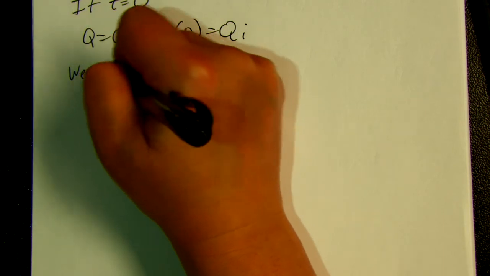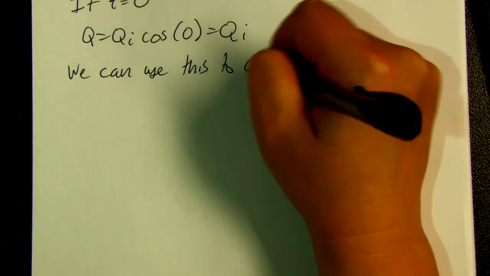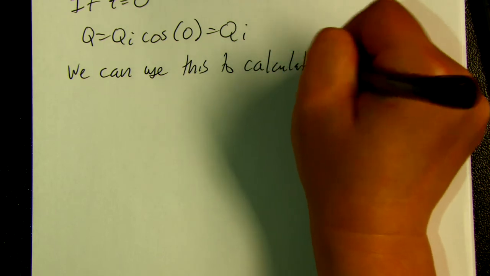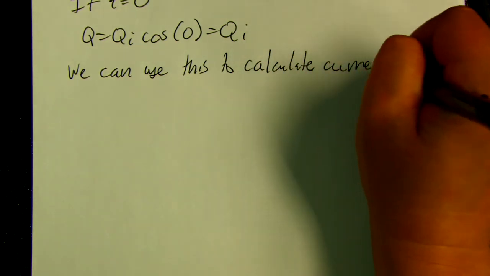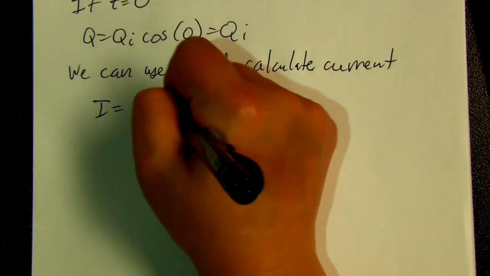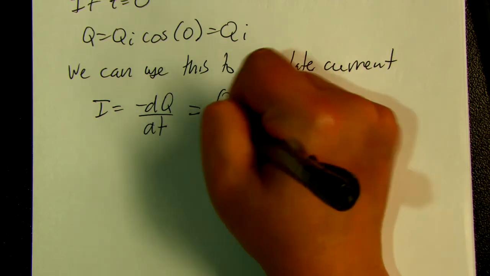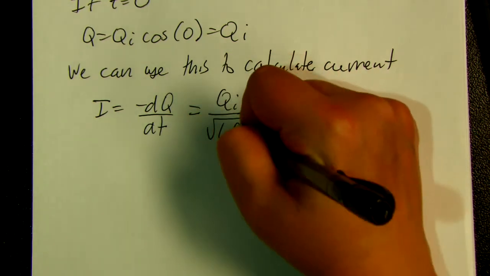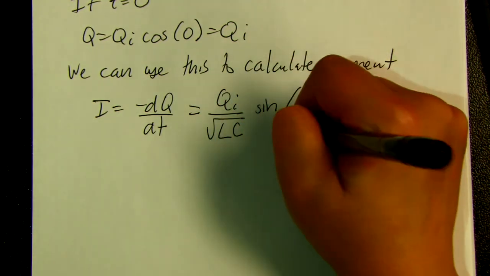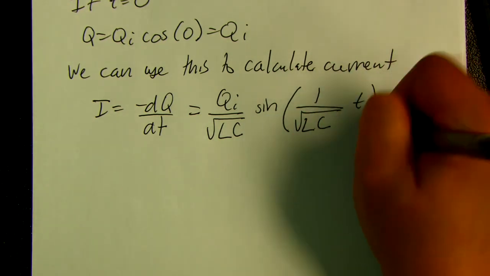All right, so we can use this to calculate current. So I is equal to minus dQ/dt, which is equal to Qi over root LC times sine of (1 over root LC) times time.